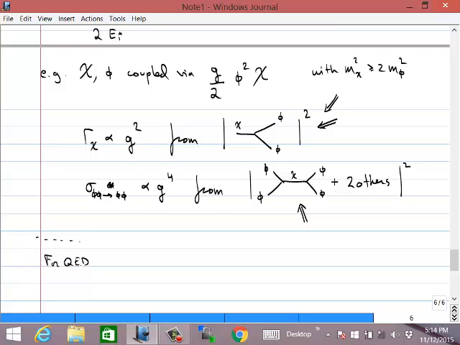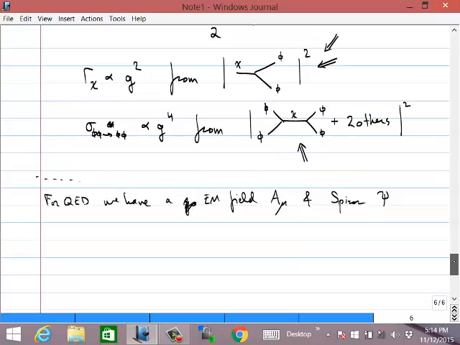rather than a free scalar field, we have a gauge field, or an electromagnetic field, A, and a spinor field describing the electron and positron, psi.